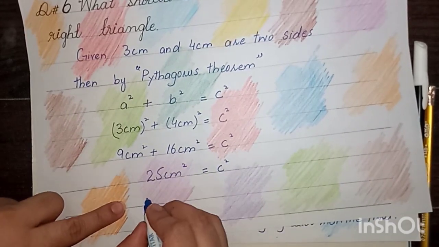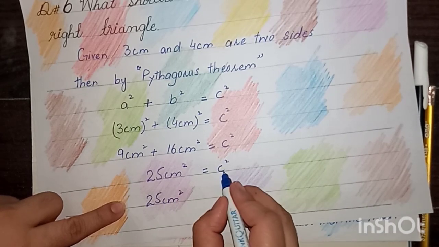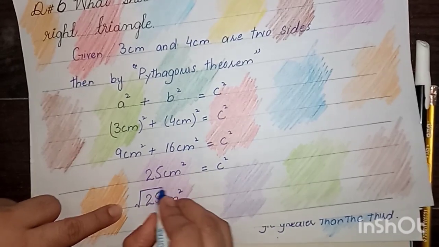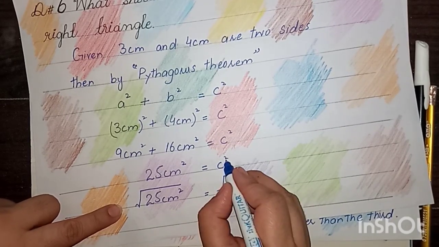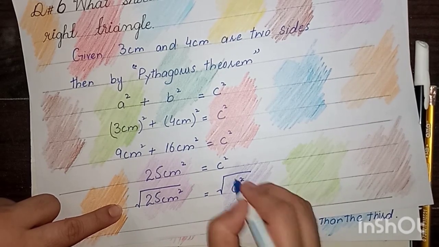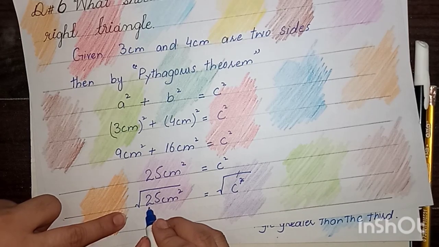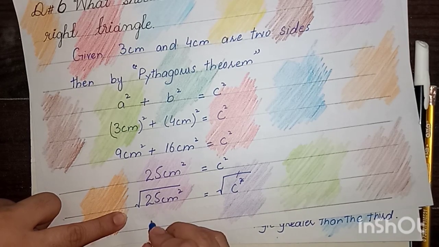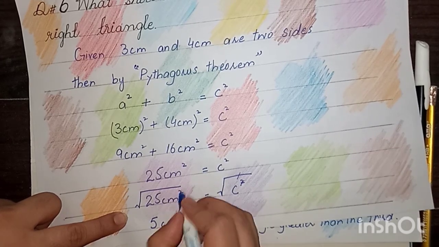Now we have to take the square root of this because we have to find a single length, the length of C. So removing this square, we have to take the square root. The square cancels out with the square root. We also know that the square root of 25 is 5 cm.